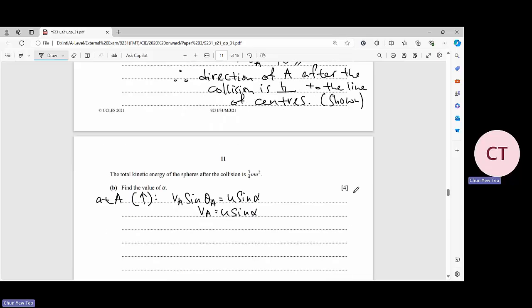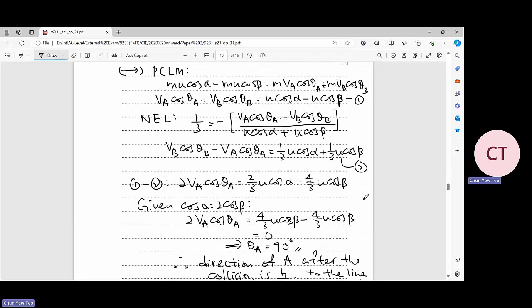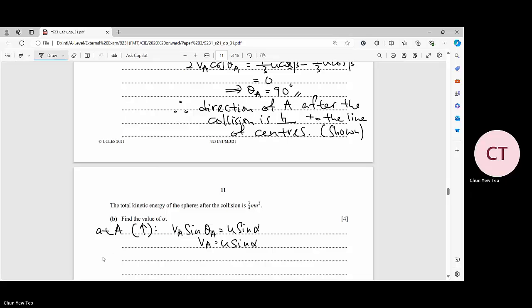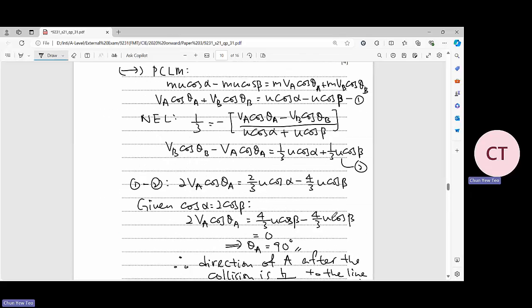Then at B, we need to do something first because I do not have the VB yet. So, never mind. At B, if you refer to the vertical one, it will be VB sine theta B equal to the U cos beta. We're not able to do anything with this, so we just leave it at the moment. Then at B, we can make use of equation 1 and 2.